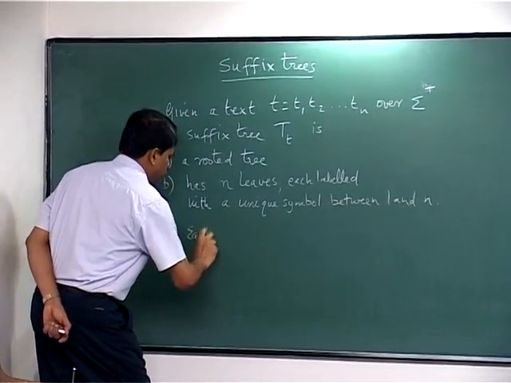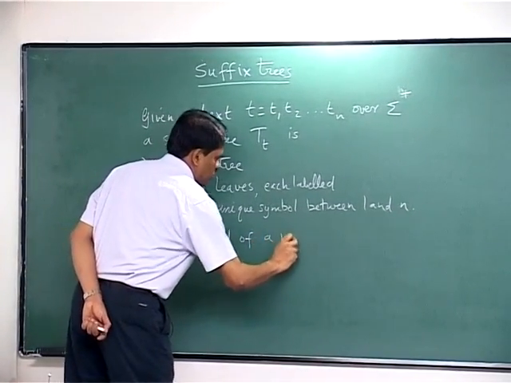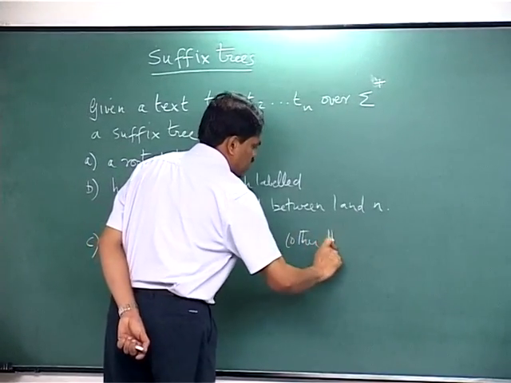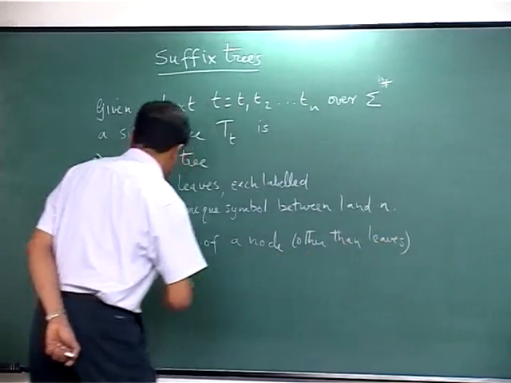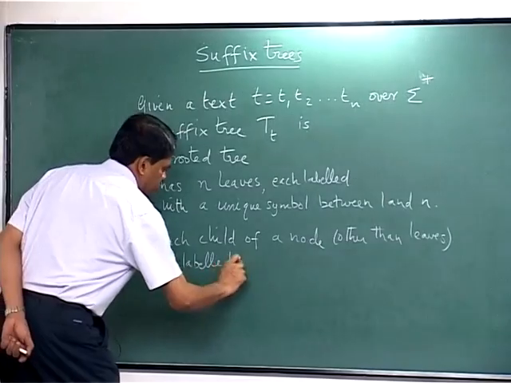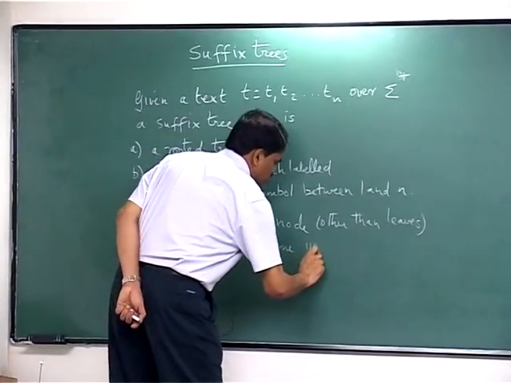Each child of a node other than leaves is labeled with some unique symbol.